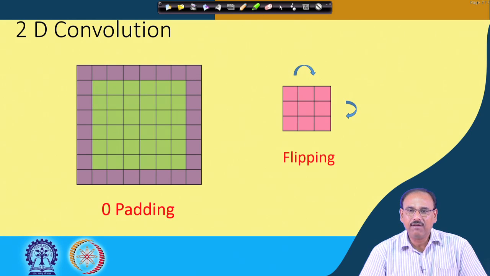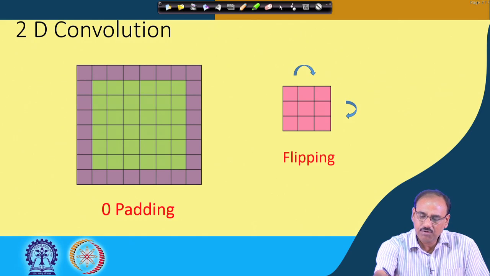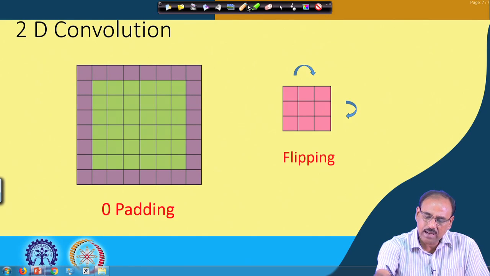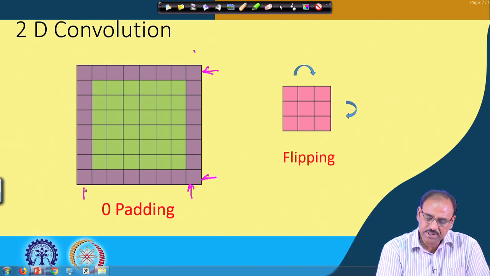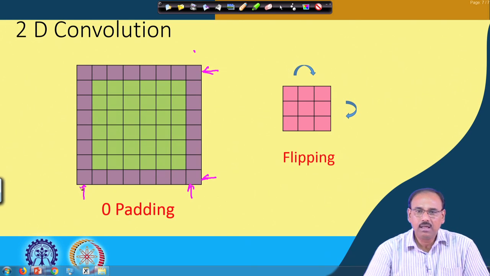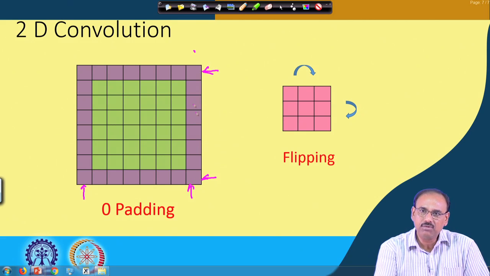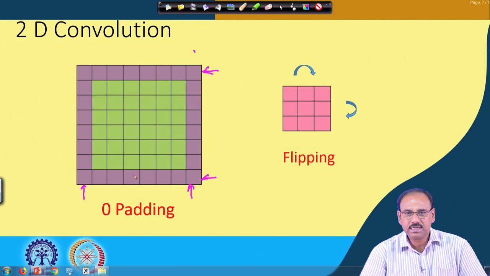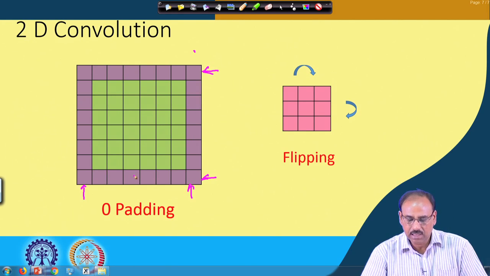All of the elements in these additional rows and additional columns will have values equal to 0. So, this is what is known as zero padding.